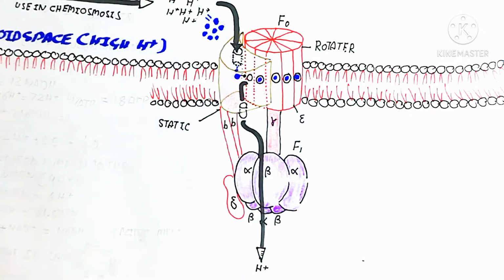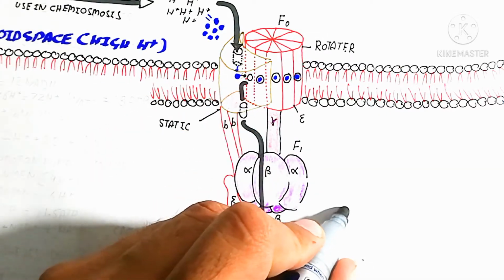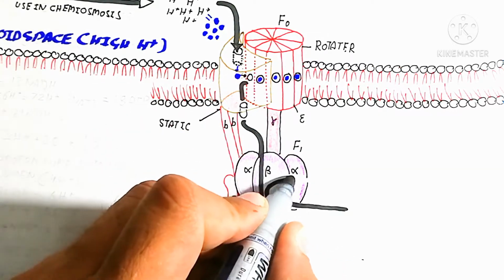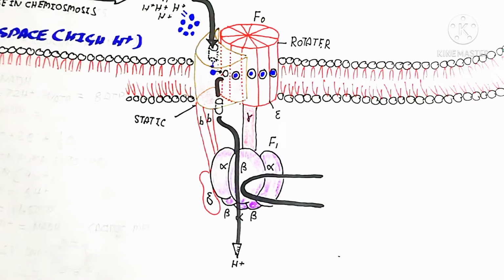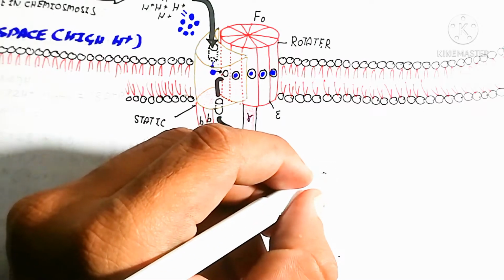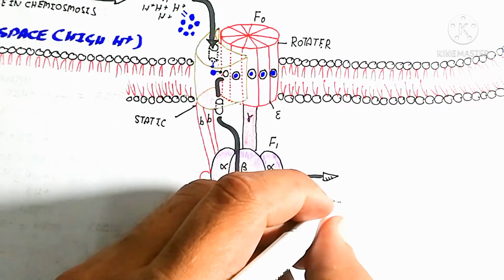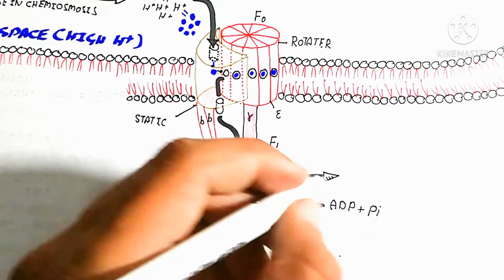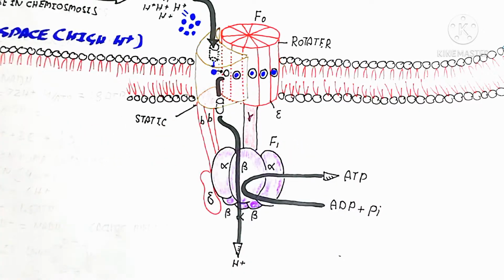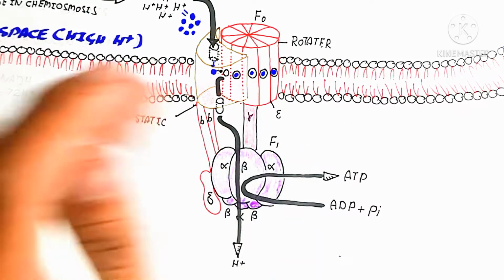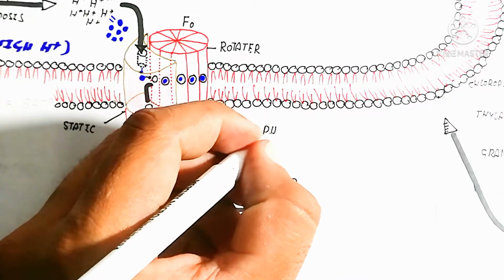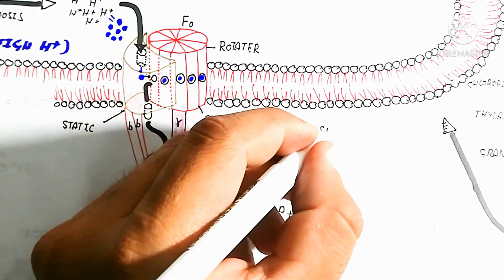So this is the static part, and here is the rotator. It means a rotation. Rotation causes the movement of protons down into the stroma. So 4 protons are required to synthesize ATP from ADP. The joining of the phosphate group is due to the 4 protons.